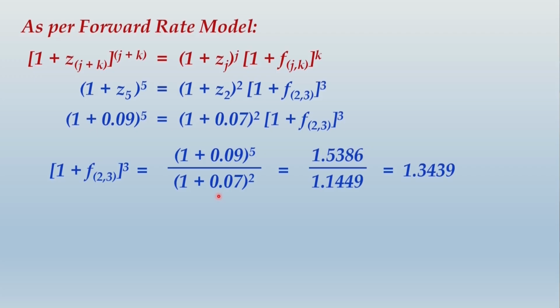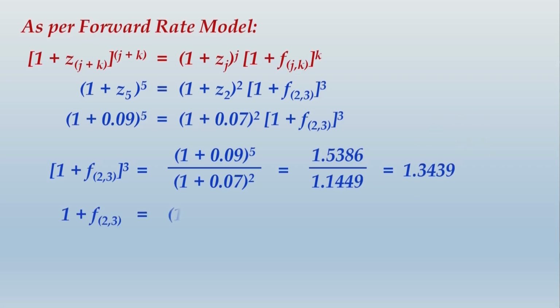So as I told you, always the bigger factor divided by the smaller factor. Whatever you get is a factor compounded for 3 years. So it is the value of (1 + F2,3)^3. If you want to find the value of the base factor, that is 1 + F2,3, you have to take the cube root of this value.